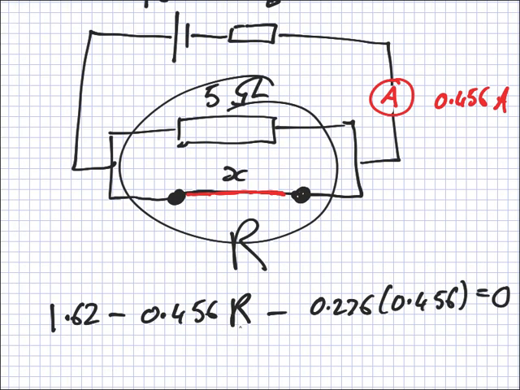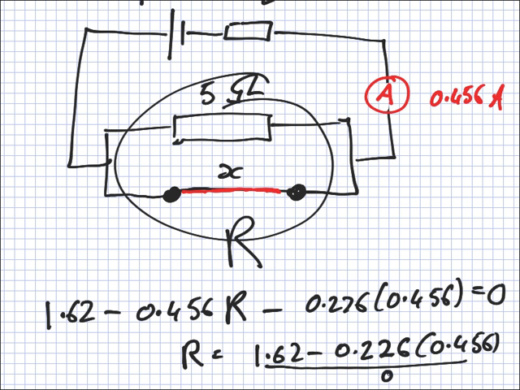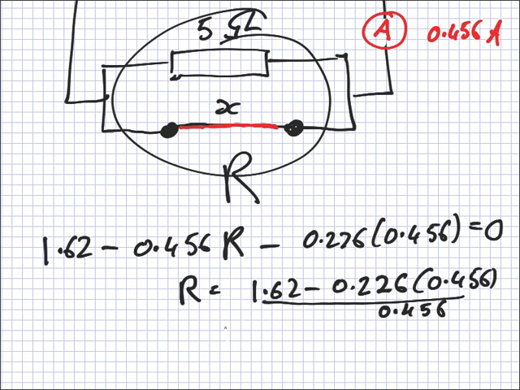So I want to work out this R. So that will be 1.62 minus 0.226 times 0.456 all over 0.456. What's that now? 3.33 ohms.